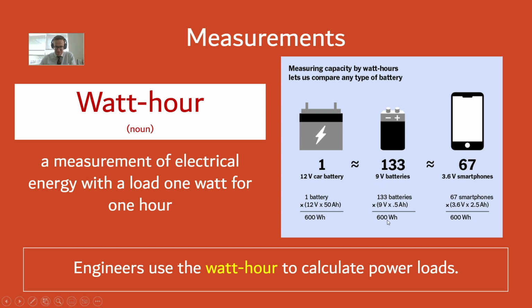They would also have 600 watt hours, and also 67 smartphones would have 600 watt hours. So it's the energy capacity of each battery. So for example, engineers use watt hour to calculate power loads.